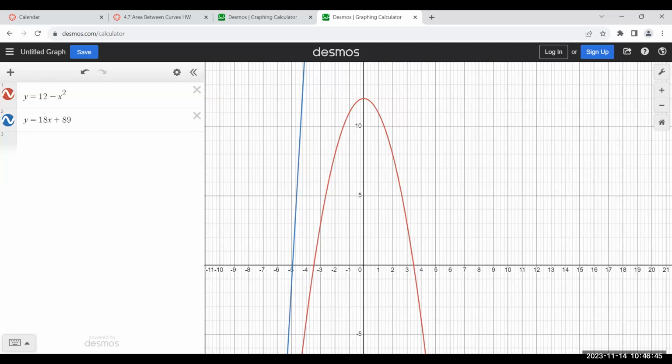And I'm noticing that this time it's the line that looks like it's on top, and the parabola is on the bottom. On this interval from -4 to 1, the line is on top. So this is the top function, and the parabola, the quadratic function, that's the one on the bottom this time.